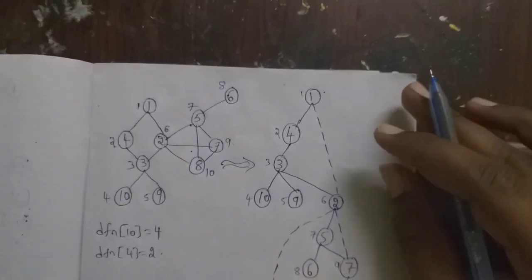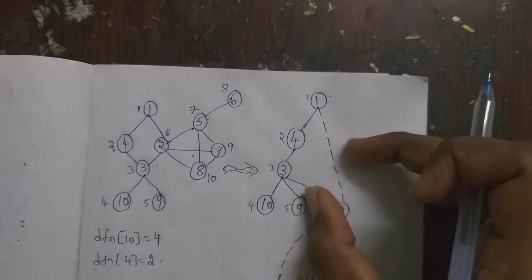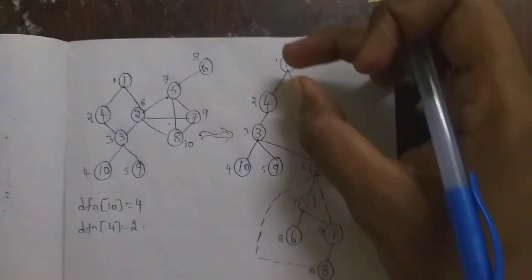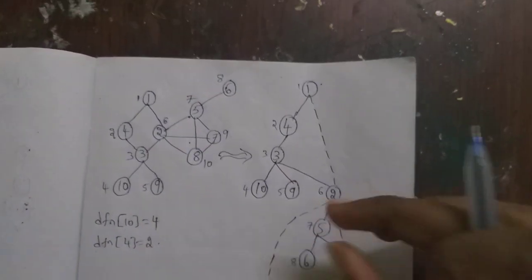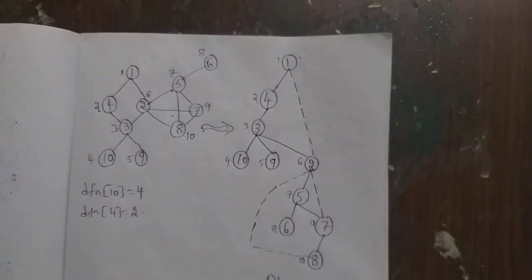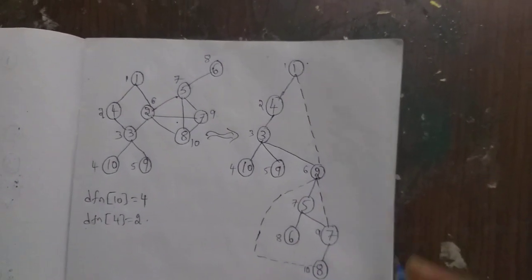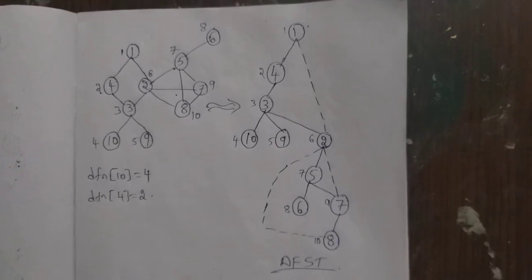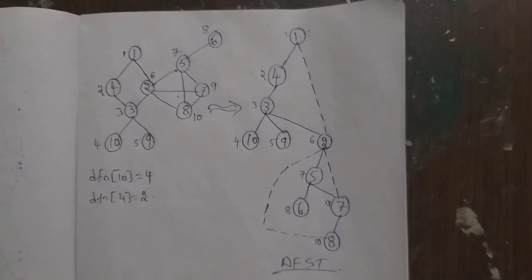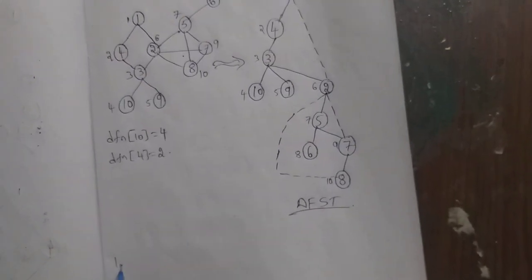Once we have a given graph, we convert it into the depth first spanning tree and we have the back edges. Now using this depth first spanning tree, we can easily identify the articulation points.